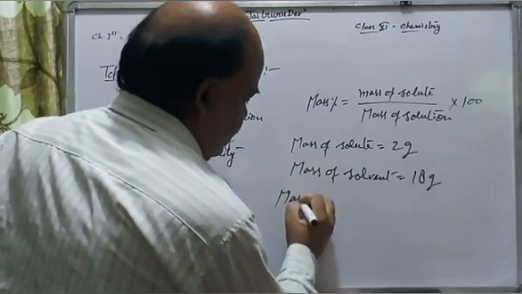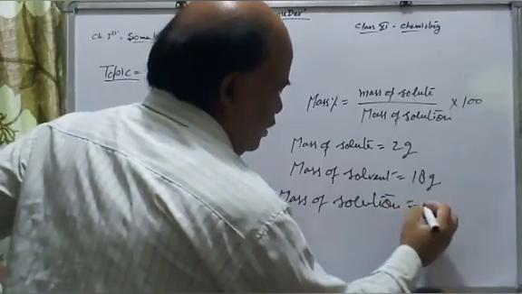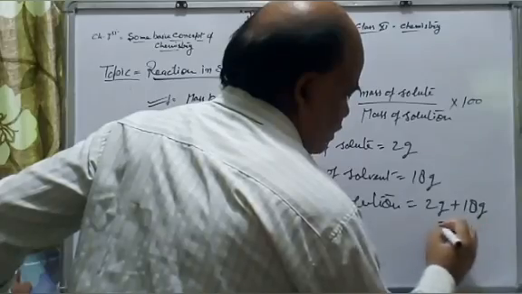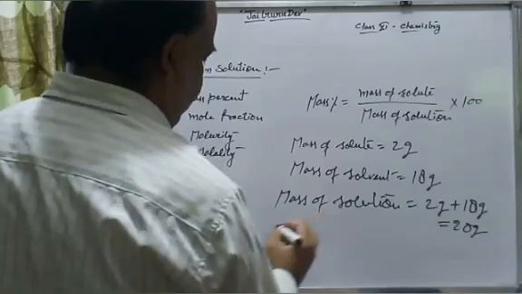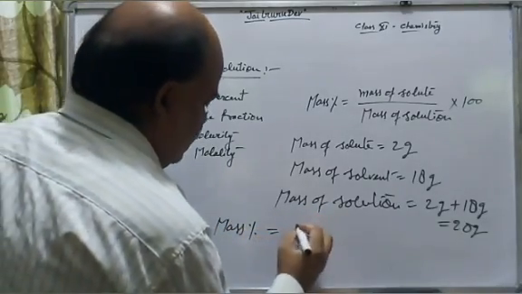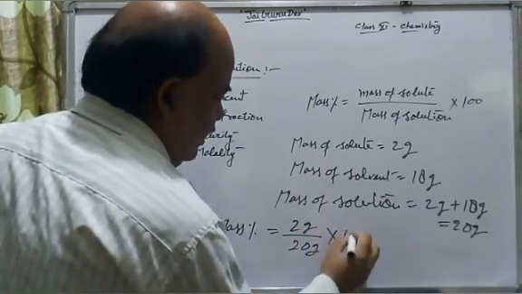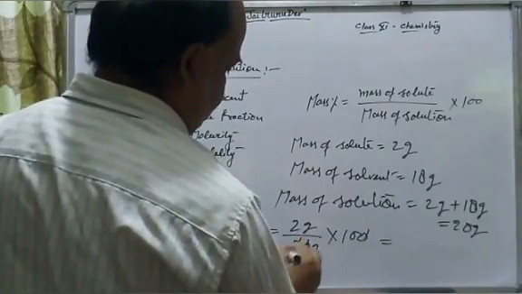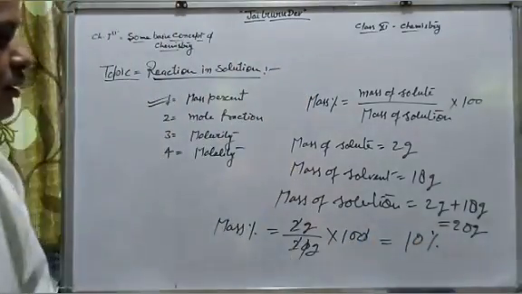Mass of solution equals 2 gram plus 18 gram equals 20 gram. So we can write mass percent equals mass of solute 2 gram upon mass of solution 20 gram into 100 equals 10%. Okay.